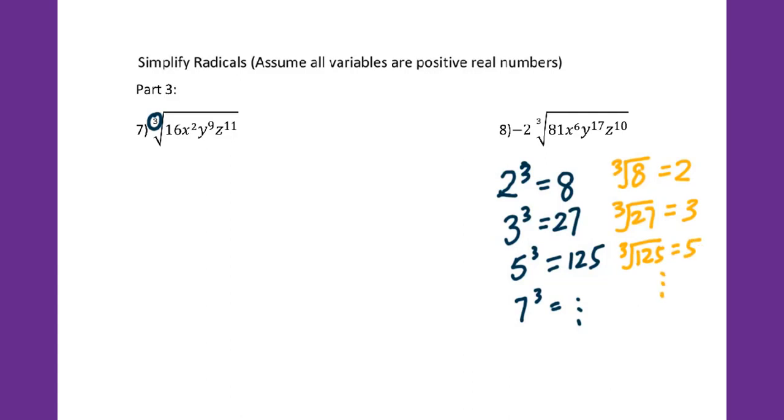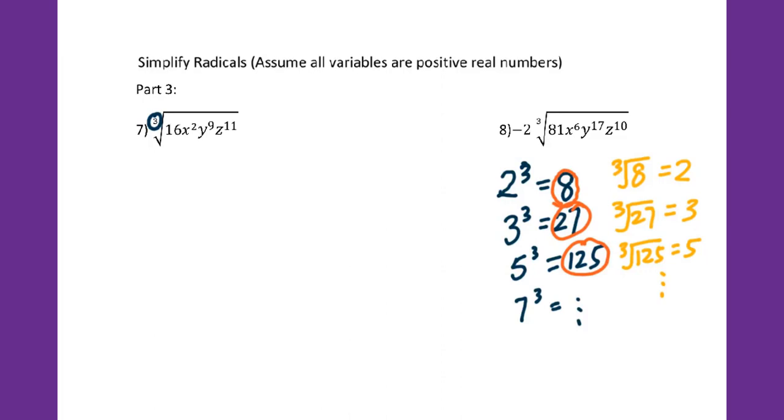When you simplify cubic root, you have to use these numbers. Just like when you simplify square root, you have to remember perfect square numbers like 4, 9, 25, 49. This time you have to remember 8, 27, 125, and those cubic numbers so that you can simplify.